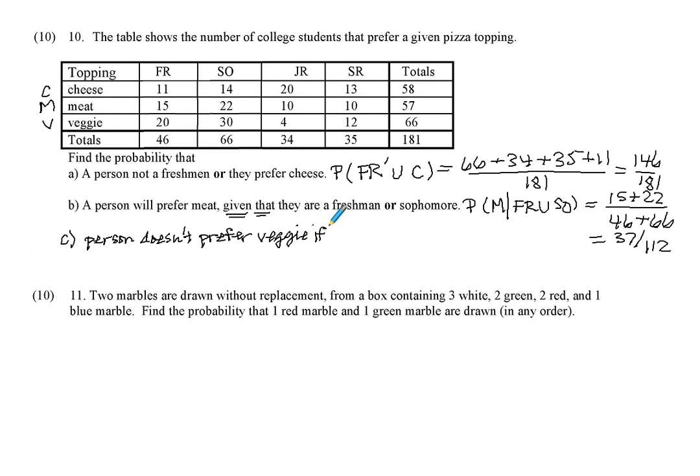If we know, those are keywords again telling us a conditional probability. If we know they're not a senior.